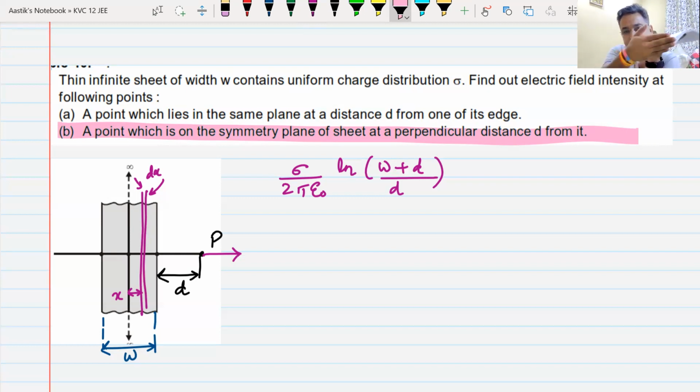So this is the width W given to you. What they are asking is to find the electric field at some point here at a distance D from the plane of the sheet. So if this is the distance D, they're asking you the electric field at this symmetric point.